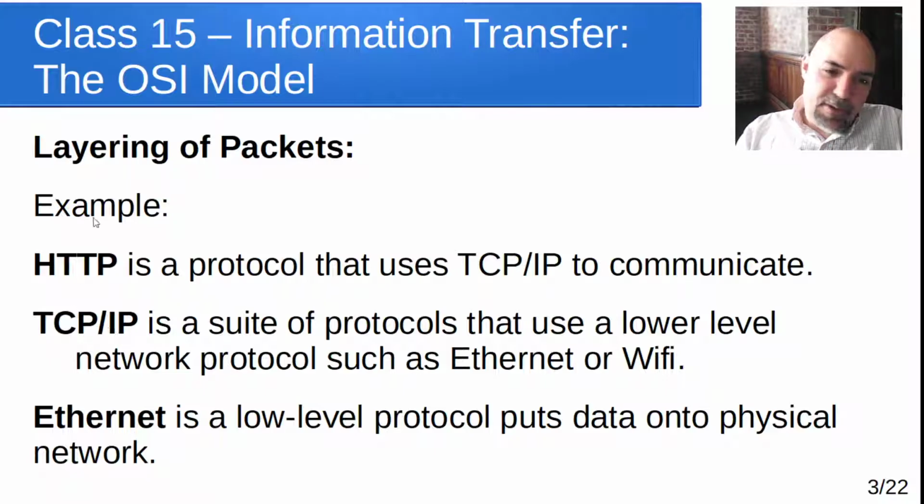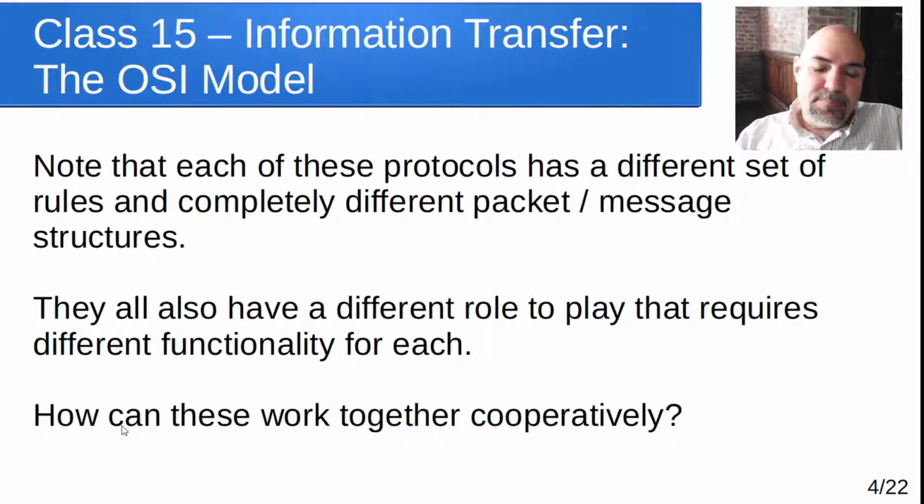IP doesn't care about either of those things. It just cares about the addressing and the routing. And then Ethernet is the low level, getting the data onto the physical network that might be a wire, could be Wi-Fi, but there's a different kind of encoding for each of those methods.